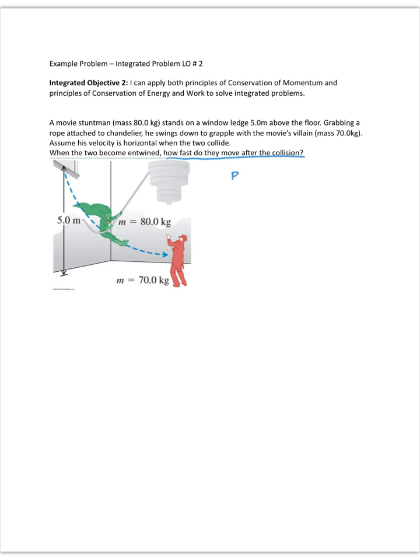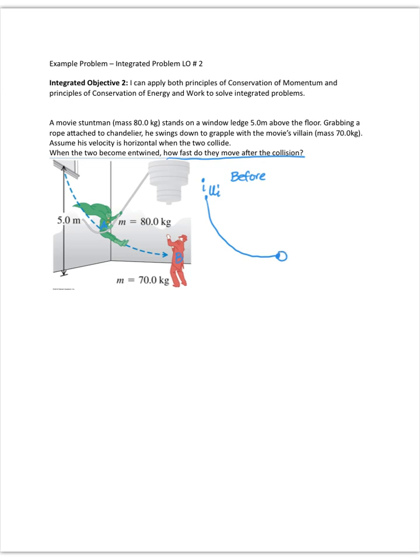So just trying to sketch out what this looks like. We start up here and swing down. And I'm going to call the stuntman person A and the villain person B. So this is the initial position where the stuntman's going to have all potential energy. And this is the final position.